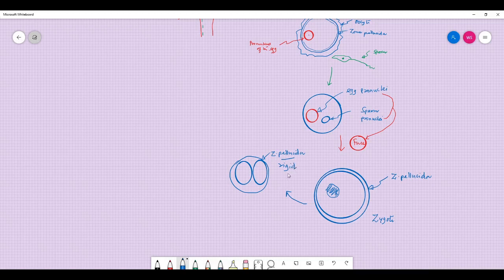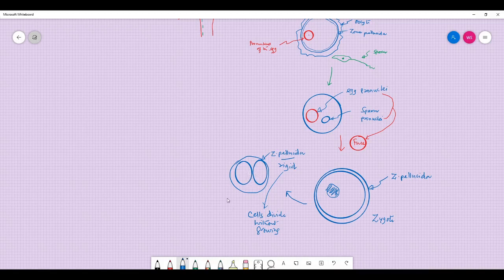As a result, the cells divide without growing. Okay, so it doesn't increase much in size, but it divides.